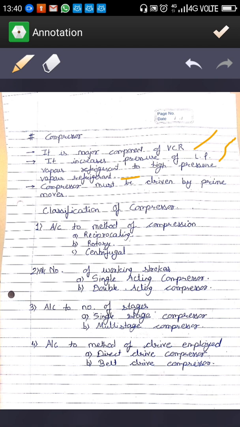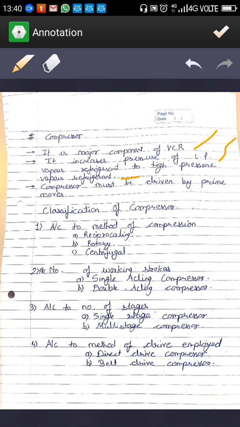The first ever compressor you saw in your life is of reciprocating type. Where did you see a reciprocating compressor, just tell me. We saw a reciprocating compressor while we are using the pressure pump of a bicycle to fill the air in the bicycle.